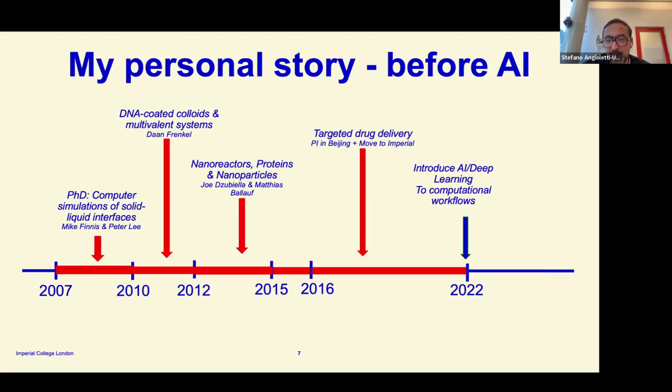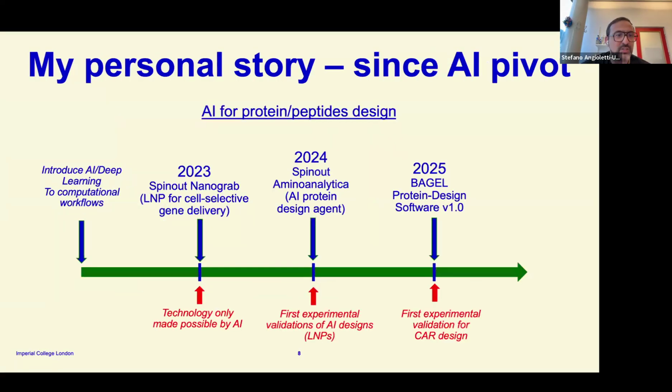And then 2022 is when I started to introduce AI, or what I would better categorize as deep learning models, to my computational workflows. And from there there's been quite an acceleration. So 2022, that's when I started to use AI.